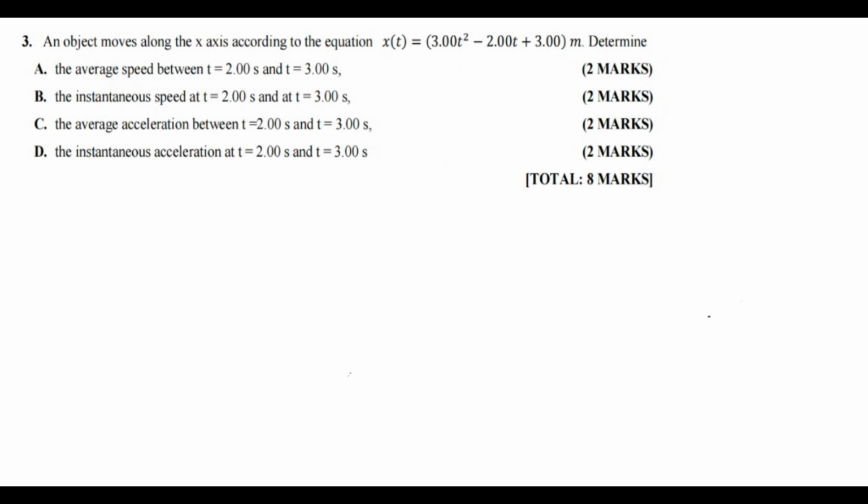To find the velocity, remember I said you differentiate this function. The function is this. If I differentiate this function, dx over dt is going to be, you drop the power, 6t minus 2.